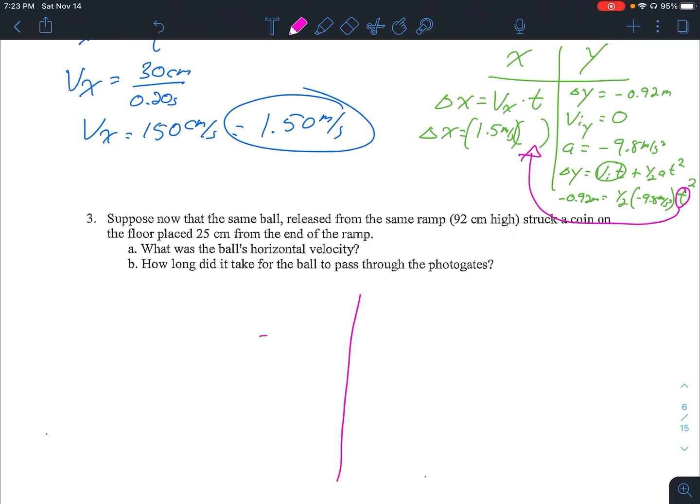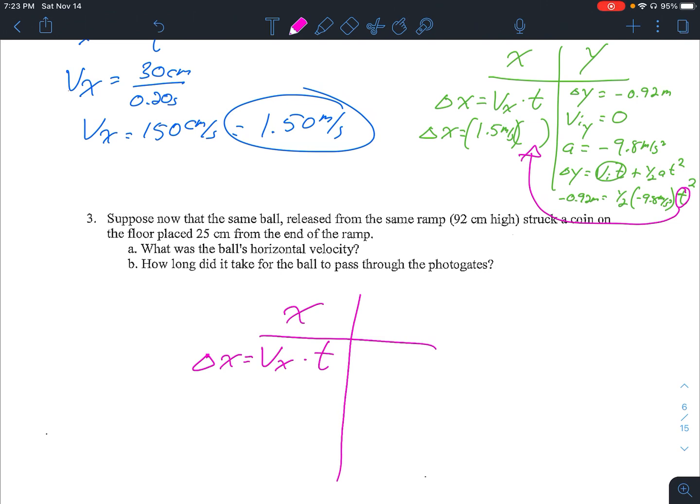Before, we got our answer from our x direction side, which we're still going to do, but it's a little bit different. We're looking for velocities, not displacements, in this case.